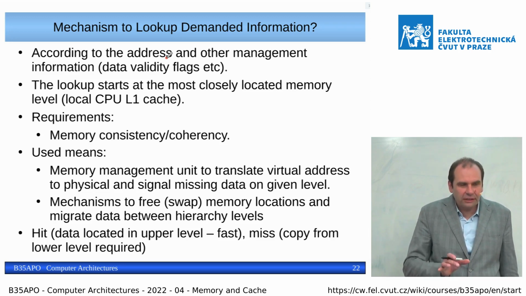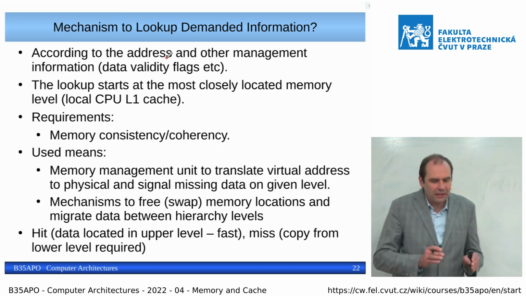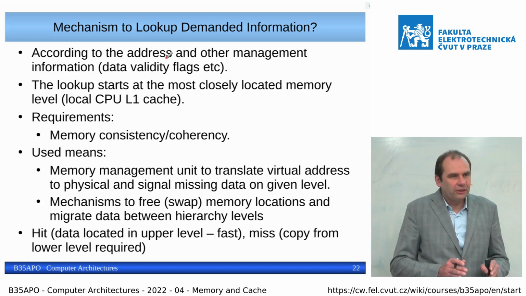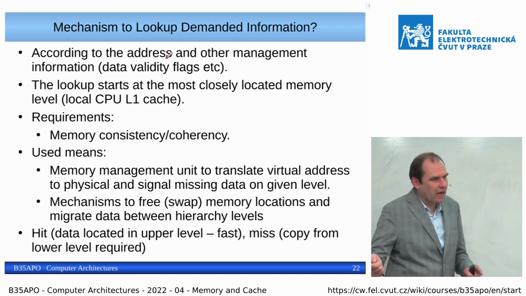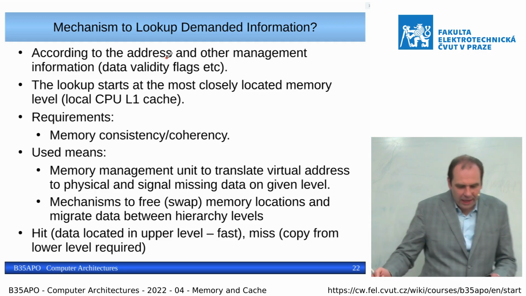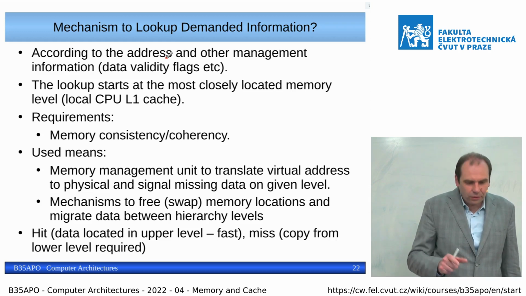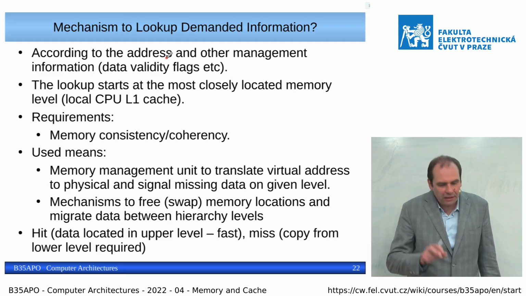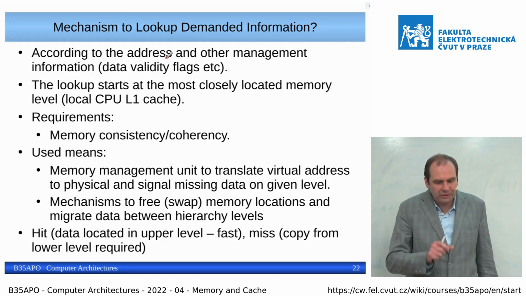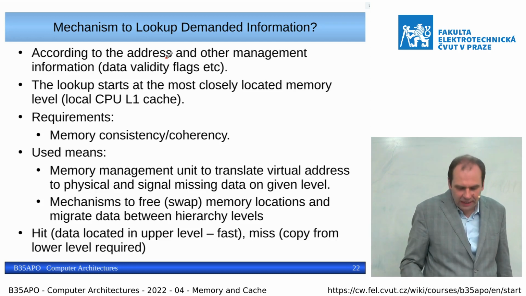So in the cache we do not store only the data, but we need to put there some additional information which allows us to check if the data from a given address in the main memory are present in the cache. If the data are missing, we need to find a free location or a long-unused location, put the new data there, and put there a tag which informs that those data are from this area of the main memory.